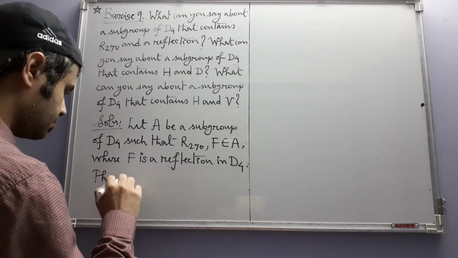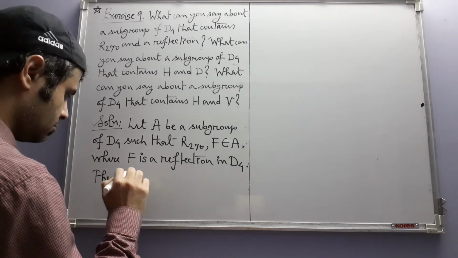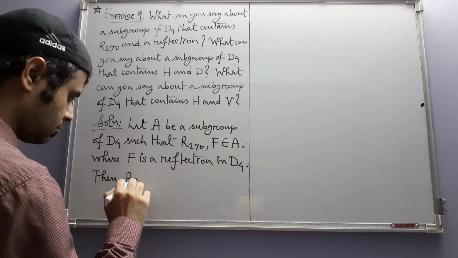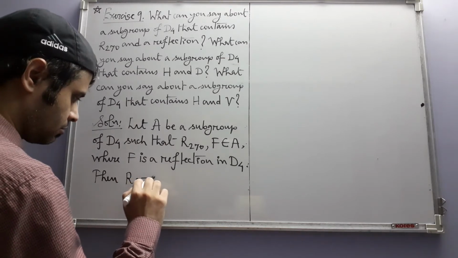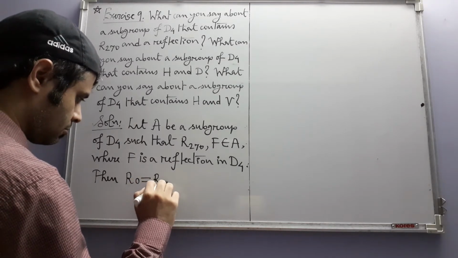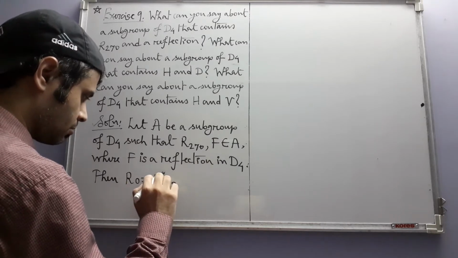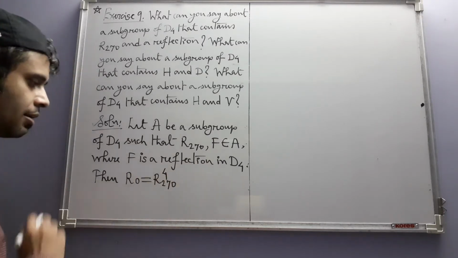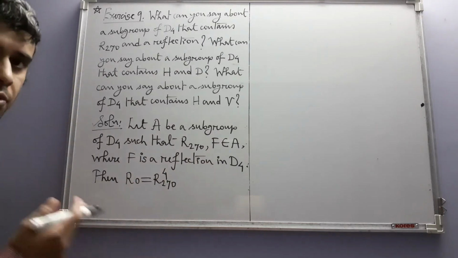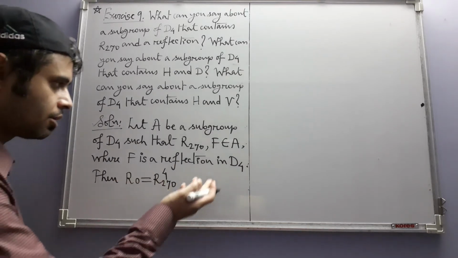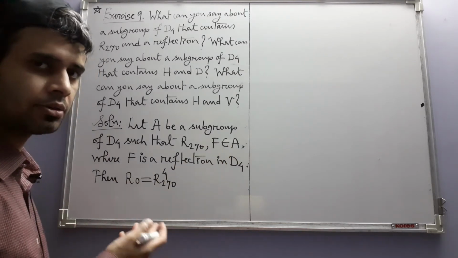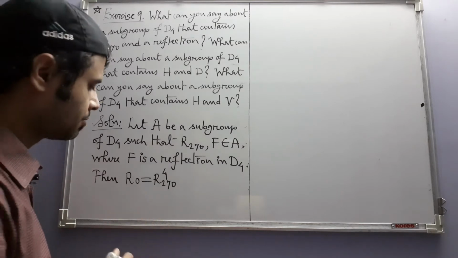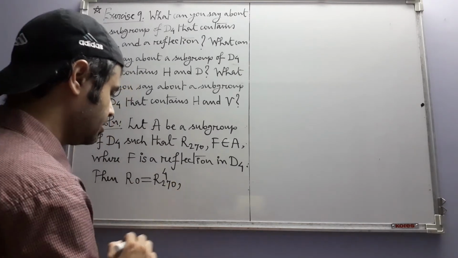Then R0, which is the 4th power of R270, will belong to A. Anyway, R0 will belong to A simply because A is a subgroup, so it will contain the identity element.